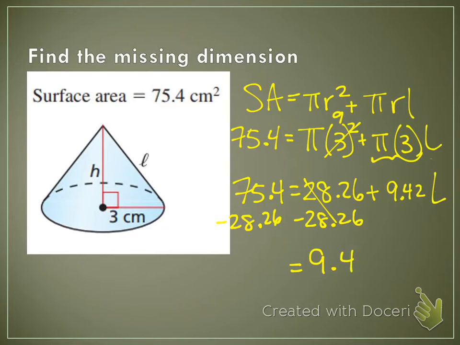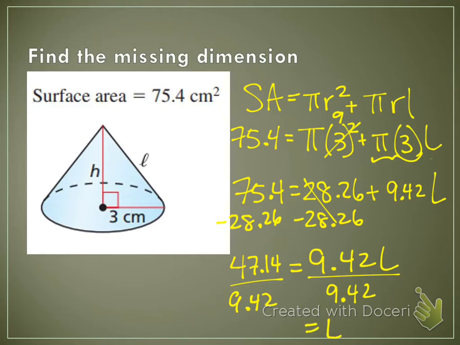Which gives me what? 47.14. Divided by 9.42. Correct. So the length is 5. 5 and it's centimeters.